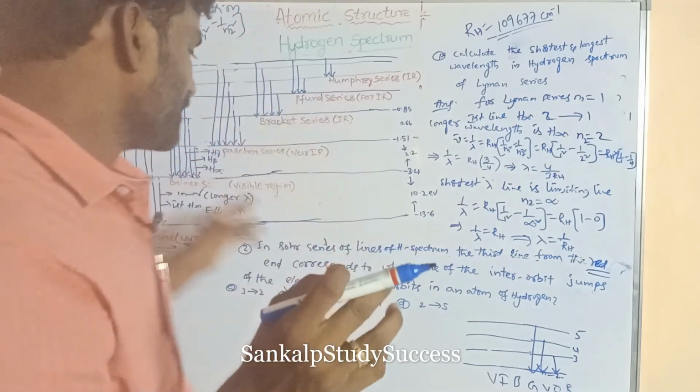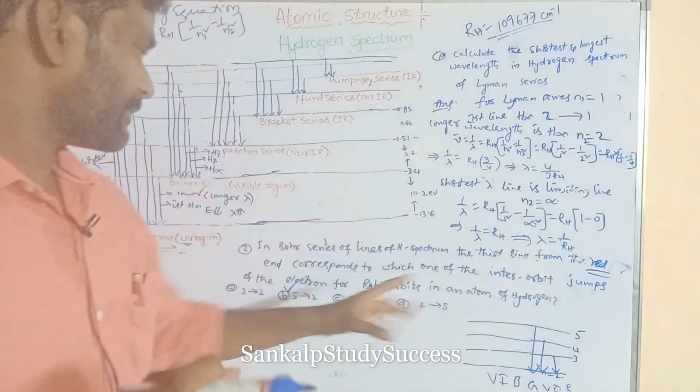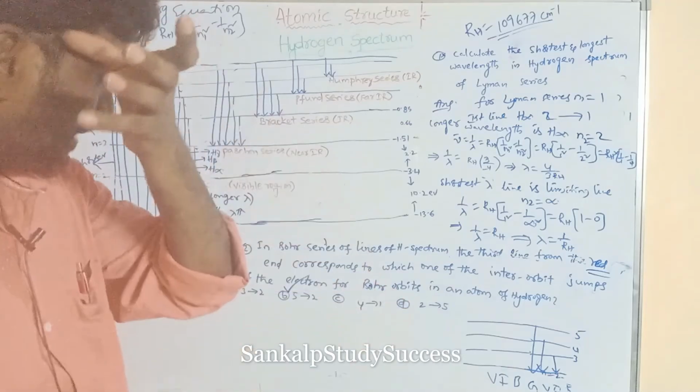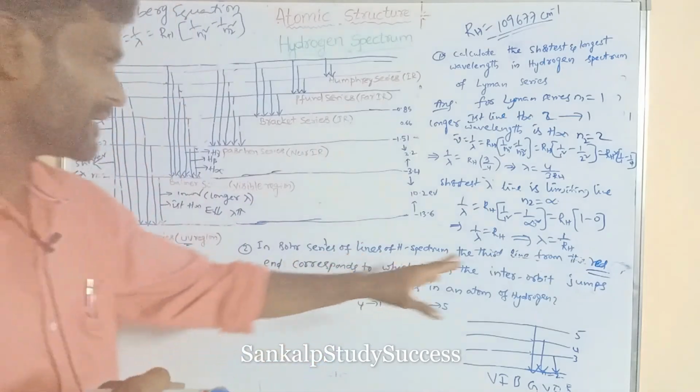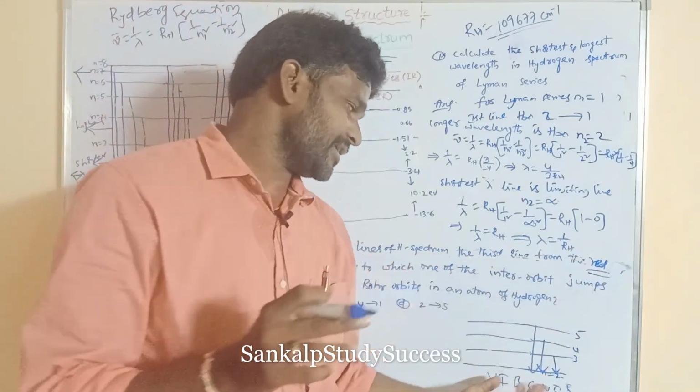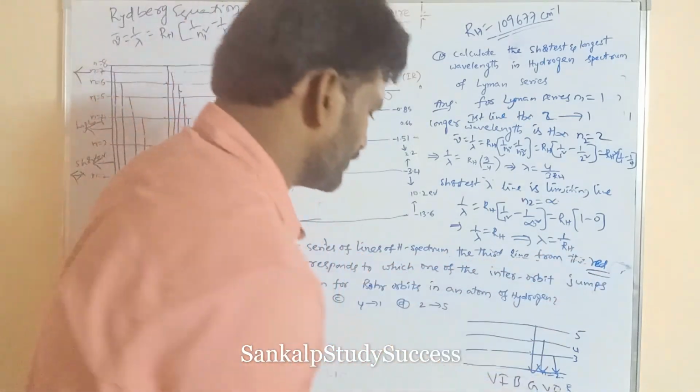Why can the Balmer series be taken? Here the Balmer series is not given, but it can be taken. Why? Here red color, and red color is present in the visible region.